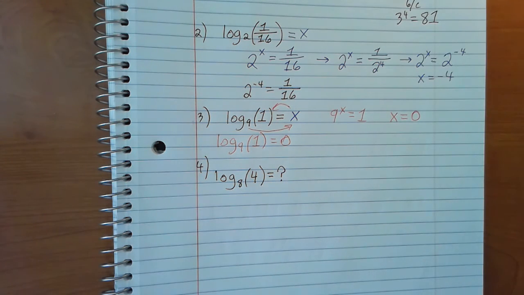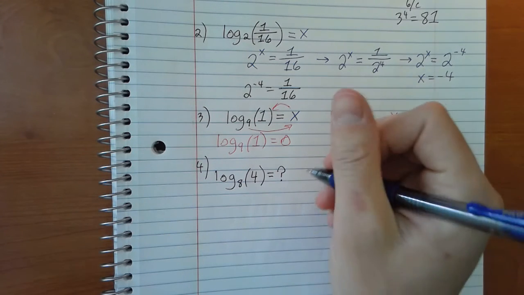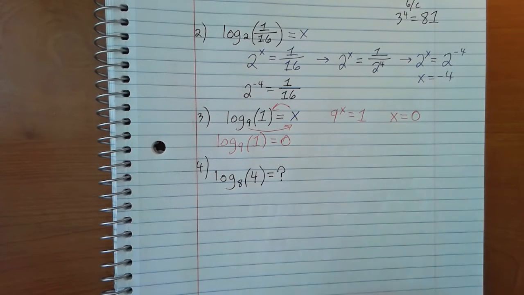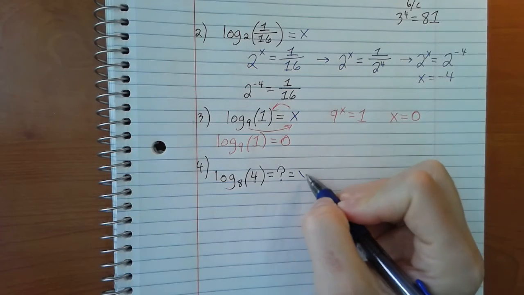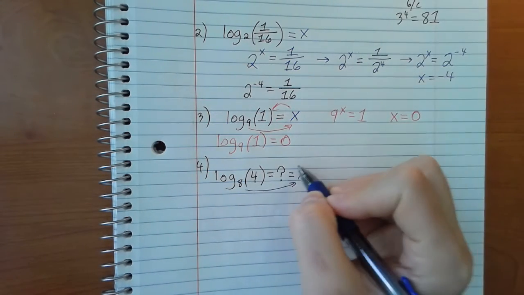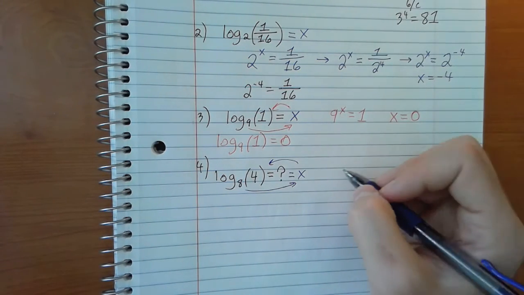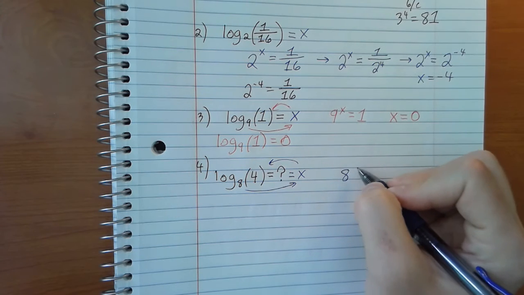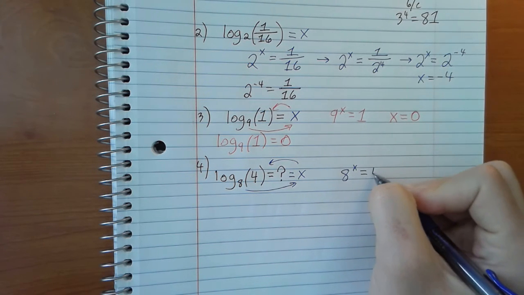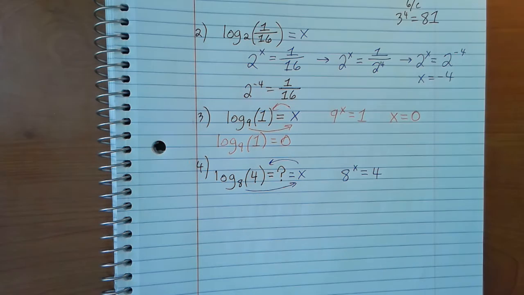Now, this last problem of the video will be a little bit more challenging, but nothing we haven't really seen before. We could say that this is all equal to x, and that 8 to the x equals 4. I can write that off to the side here. 8 to no power that we know off the top of our head is going to get us 4, since it's smaller and not quite so familiar. So what we have to do is make them the same base.